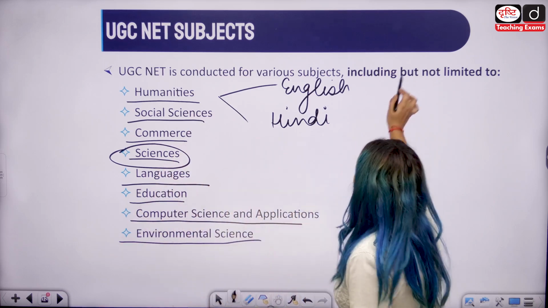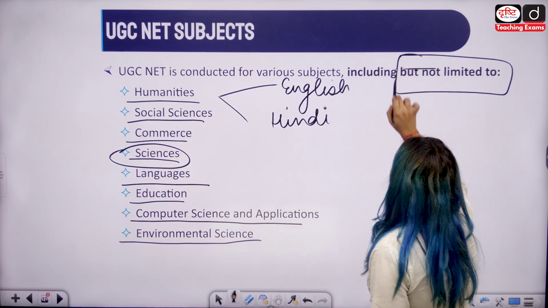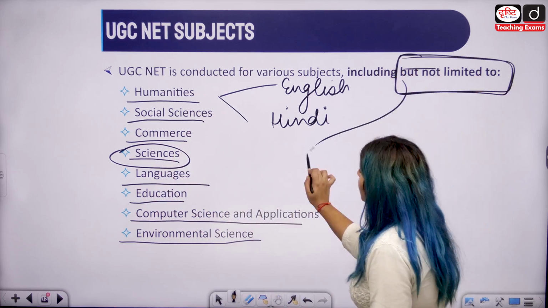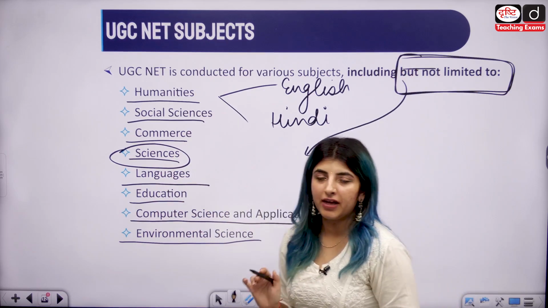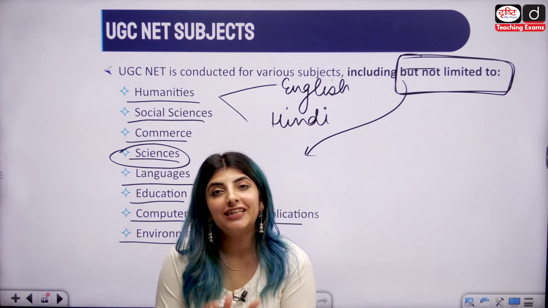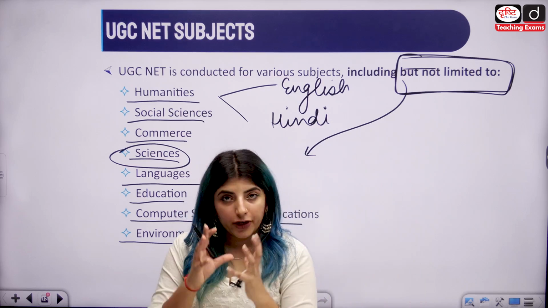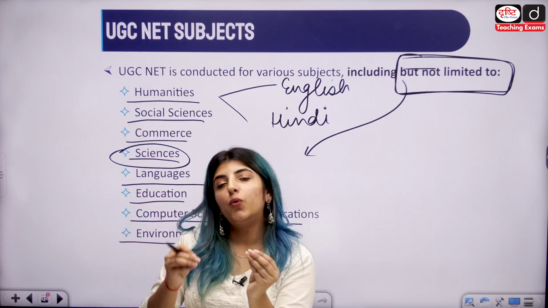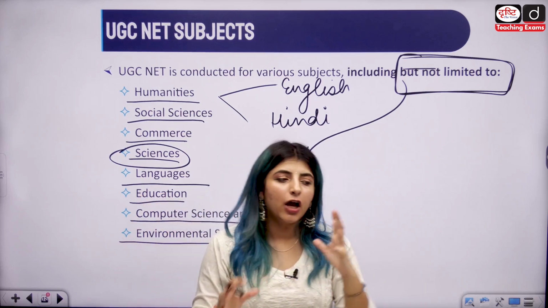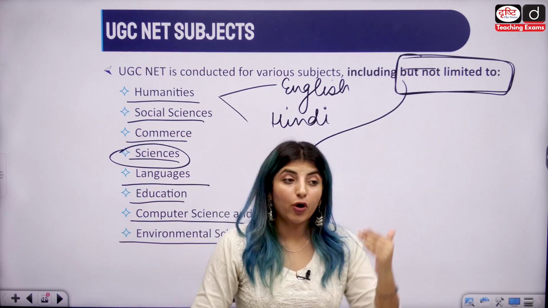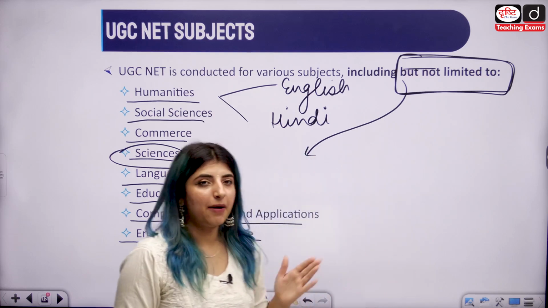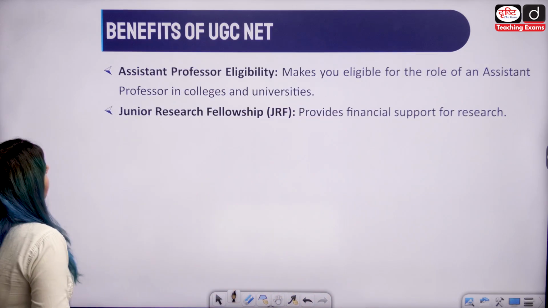But of course, I have added this pointer here that it is not limited to this particular list. The list comprises around 83 subjects. So you can go and scroll and find out what you have done your masters in, or you want to do your masters in the upcoming time, right?